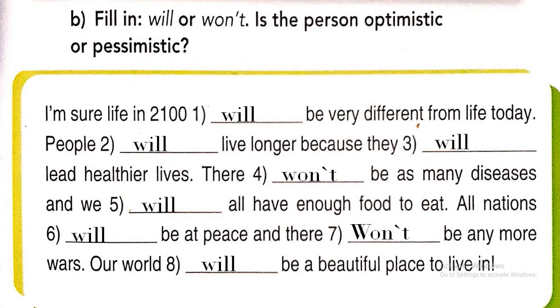All nations will be at peace, and there won't be any more wars. Our world will be a beautiful place to live in. Good, dear students, and now make sure you write down the answers.